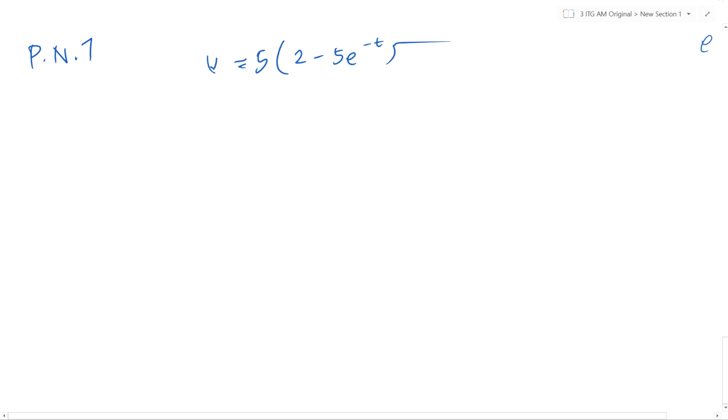And this is where t is the time in seconds after leaving a fixed point O. Please go and highlight this phrase. t is time after leaving O.